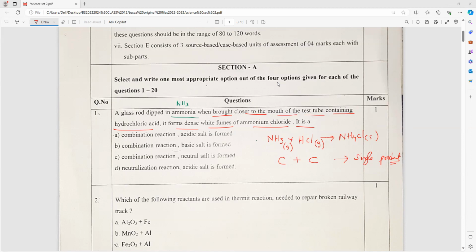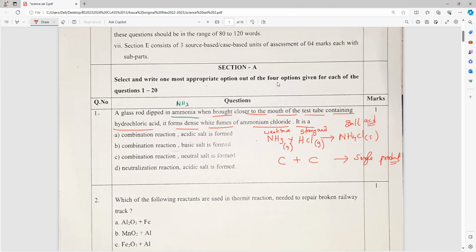It is not just a combination reaction. Of course, you can say it is a combination, but there is something more behind it. NH3 is a weak base, and it is reacting with HCl, which is a strong acid, so it will form ammonium chloride. Ammonium chloride is an acidic salt.